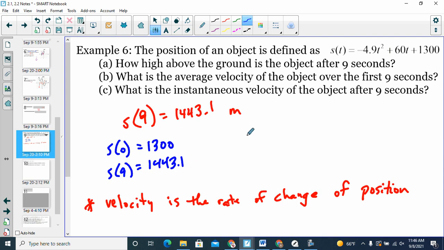And then find the slope between those. I get 15.9. If position's measured in meters, I've got meters on top, seconds on the bottom. That would be meters per second.